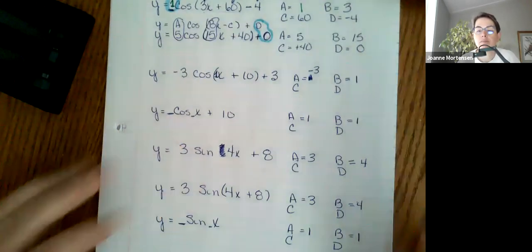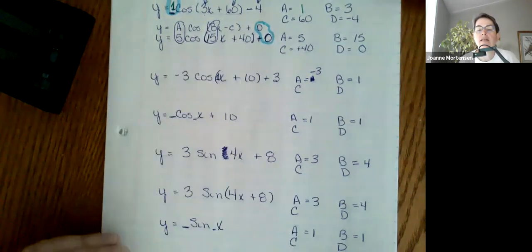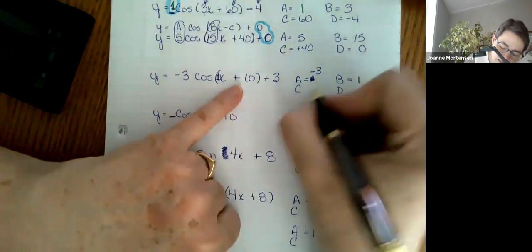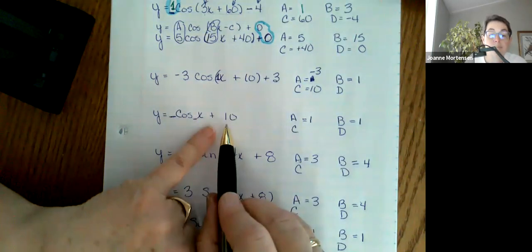Okie dokie. Now, C is the number in the brackets, so after the x. So in this case, it's going to be 10. Here we get tricky.